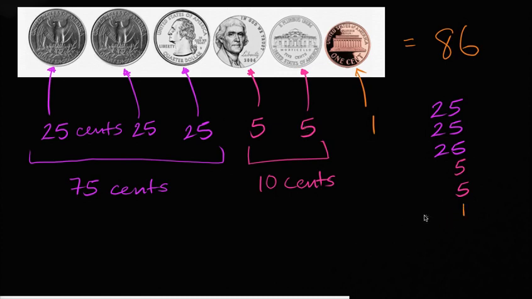You could add them up this way, and then what would you get? 5 plus 5 is 10, plus 5 is 15, plus 5 is 20, plus 5 is 25, plus 1 is 26. So that's 2 tens and 6 ones. Put the 2 tens up here. 2 plus 2 is 4. 4 plus 2 is 6. 6 plus 2 is 8. So you could get 86 cents either way.